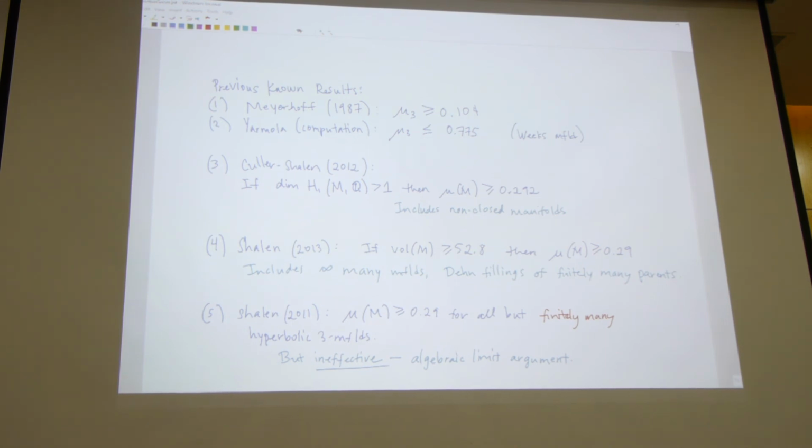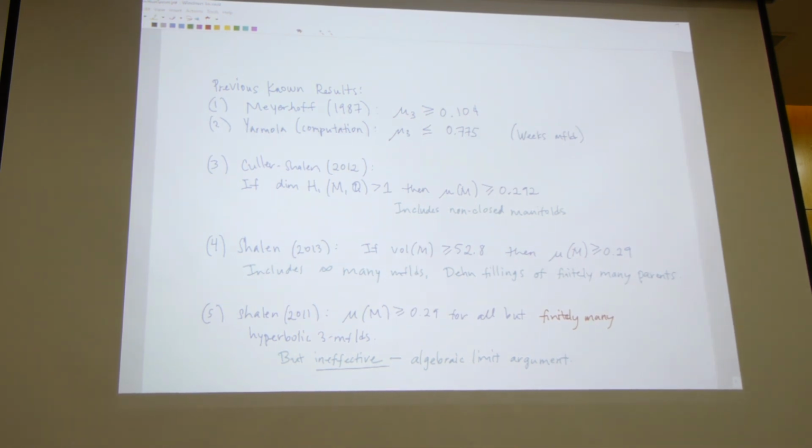I don't know if it's written down somewhere, but it's known to people who know these things. Kalfagianni and Shalen in 2012 showed that if you have some conditions on the first homology group, then your Margulis number has to be at least 0.292. So if the dimension of the first rational homology group is at least 1, your Margulis number is at least 0.292, and this includes every manifold that's not closed. So if you have a cusp, or if you are infinite volume, you have Margulis number at least 0.292.